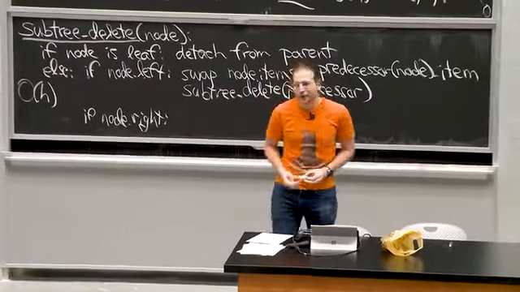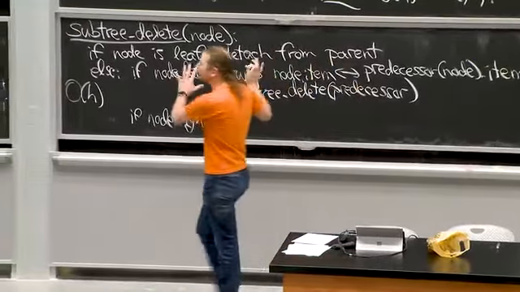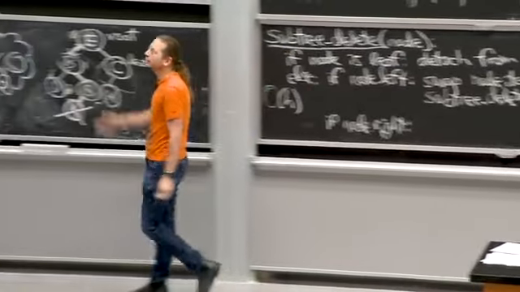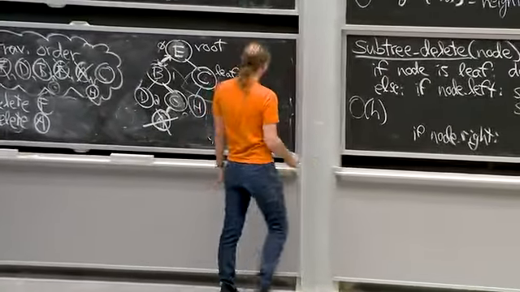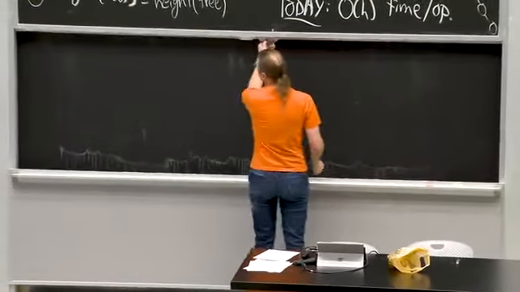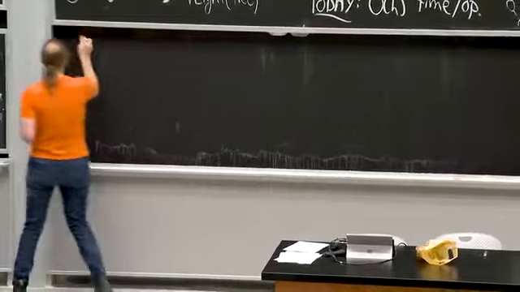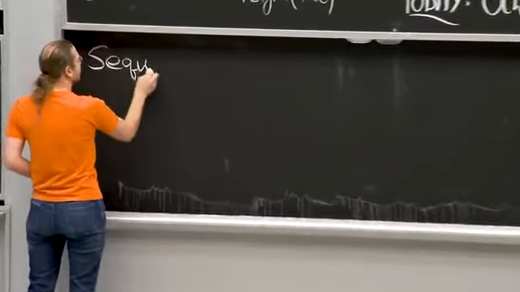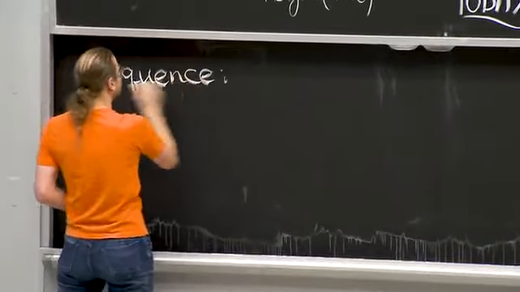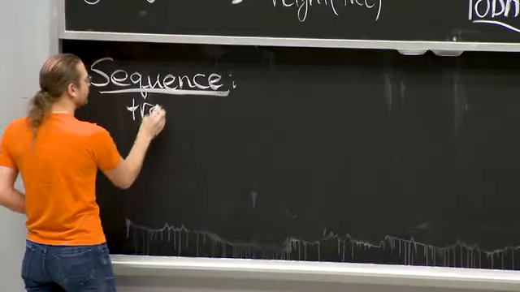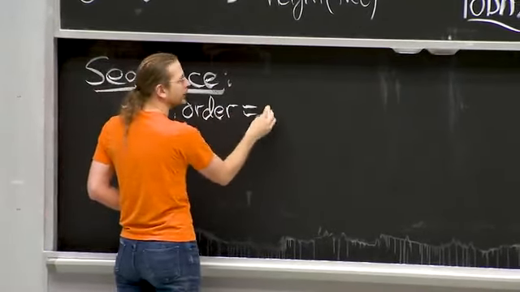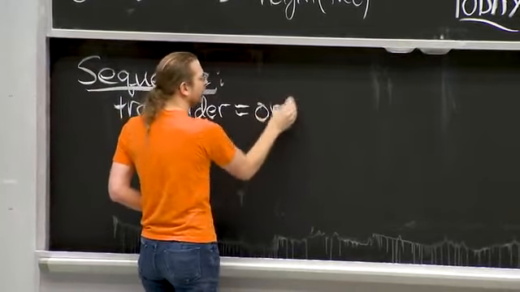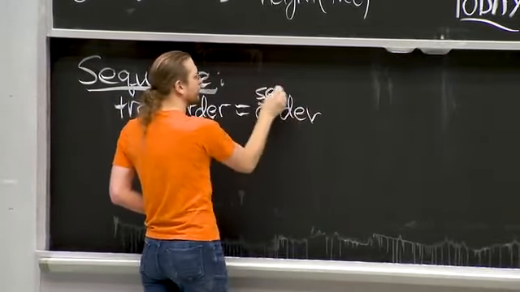Okay, and in the last few minutes, let me talk about how we take these trees and implement a set or sequence. Okay, I've already alluded to this. So for a sequence, we just make the traversal order equal to the order that we're trying to represent, the sequence order.